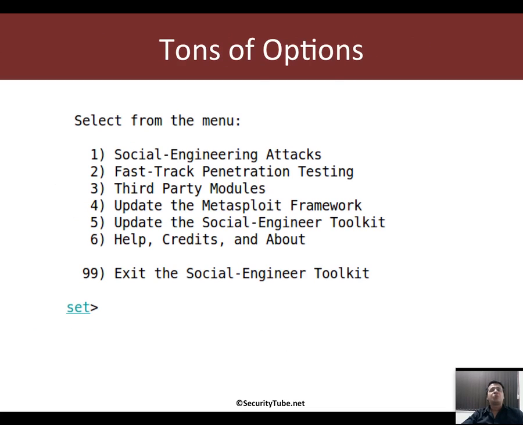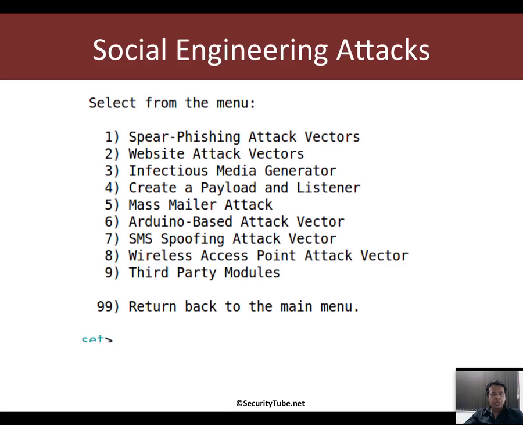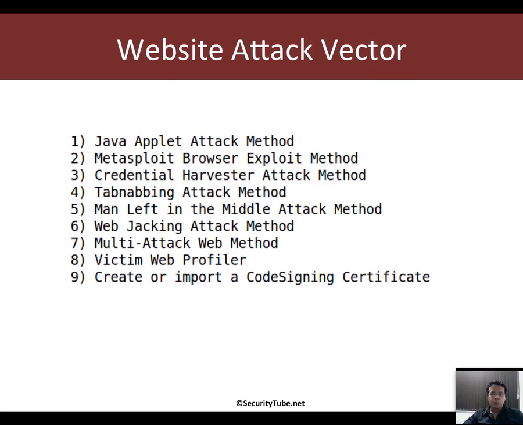This tool has tons of options. When you start, you have social engineering attacks, and you have Fast Track, which is another tool with which you can quickly break in and do a bunch of other stuff. If you go to the social engineering attacks menu, you will find a lot of options. The one we will take up in this video is the Java applet attack under website attack vectors.